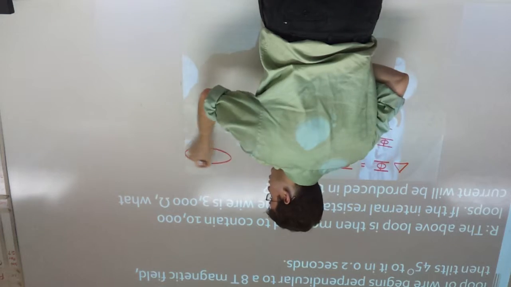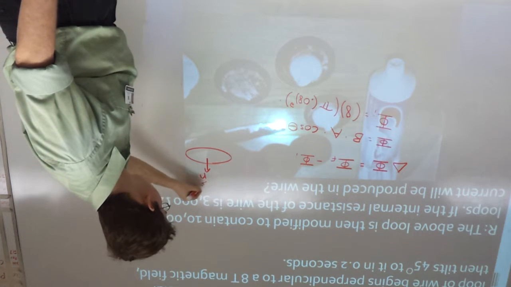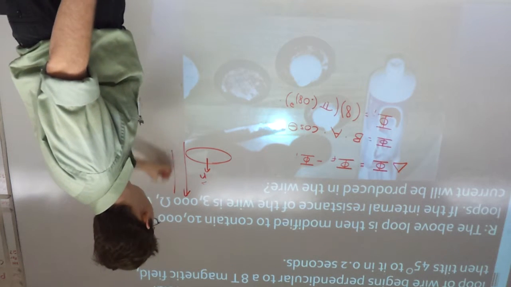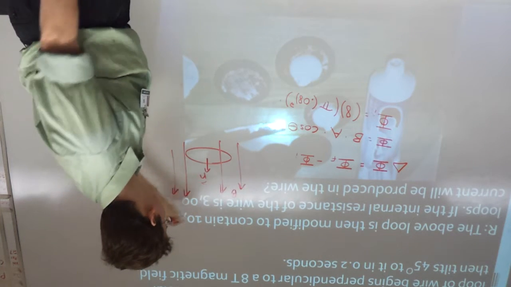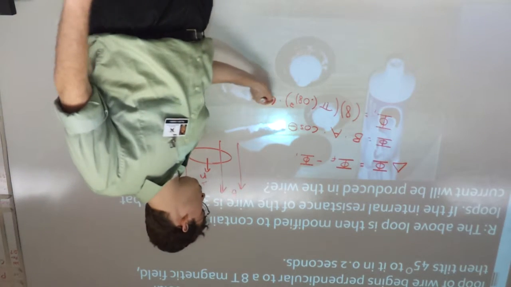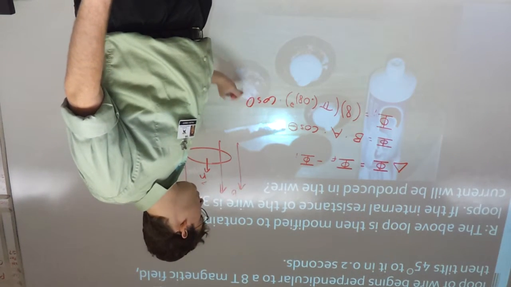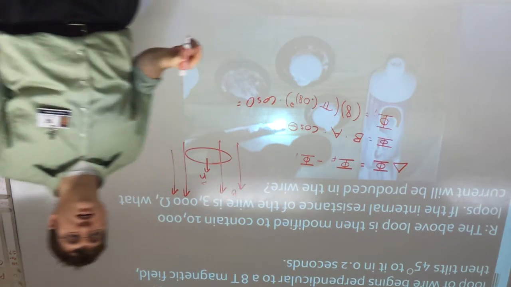It says the loop itself is perpendicular to the magnetic field, but if you look at the normal vector from the loop, and then here's the magnetic field, the normal vector lines up. So our initial angle is 0, so cosine 0 is just 1. Whatever this comes out to be, that's our initial flux.